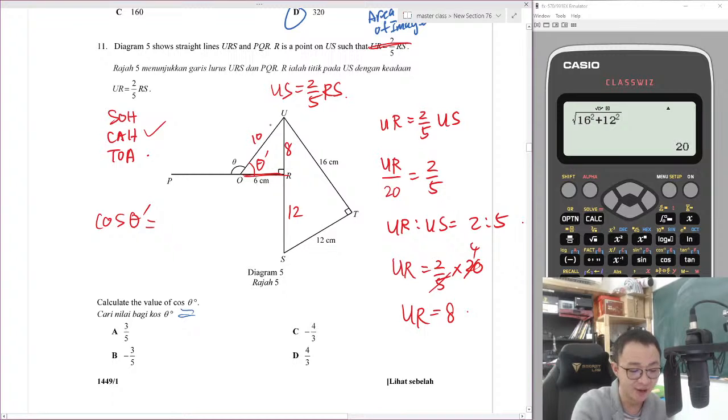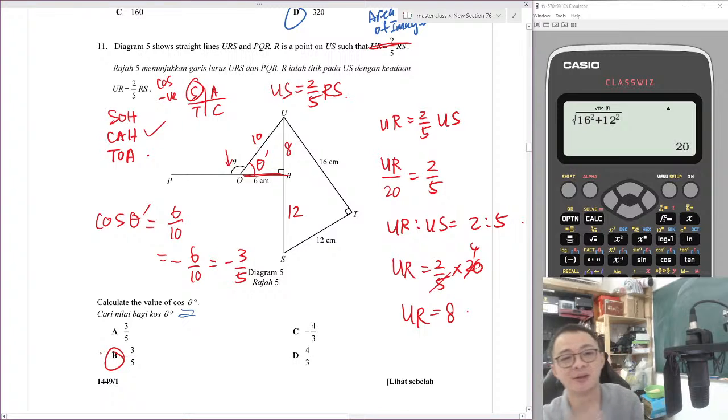Adjacent is here, and hypotenuse is the other side. So it will be 6 over 10. But this angle is in the first quadrant, and our angle is in the second quadrant. From ASTC, we know in the second quadrant cos is negative. So it is negative 6 over 10, which is negative 3 over 5. So the answer will be B.